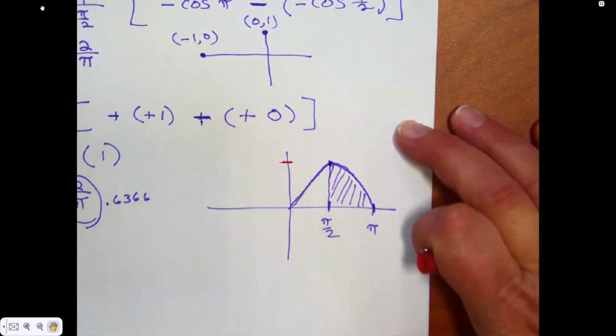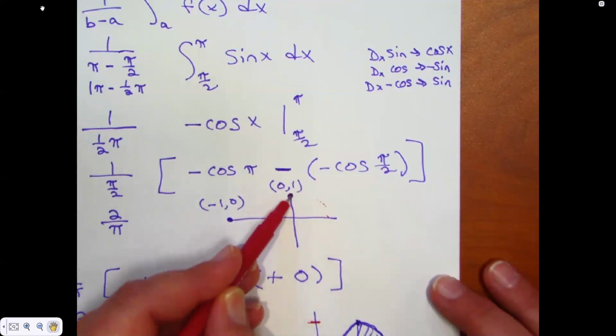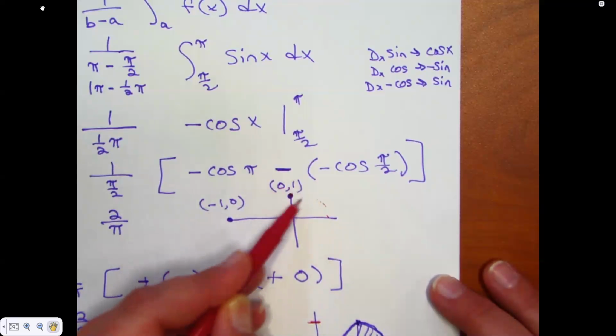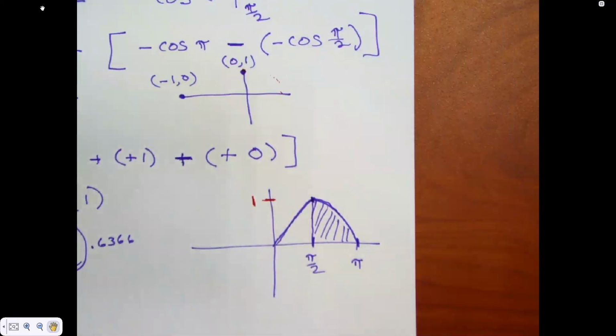Nope. How high does sine go? Well, look, my y values, this is the highest. My y value is 1. So this is 1 up here. Your sine goes between 1 and -1.